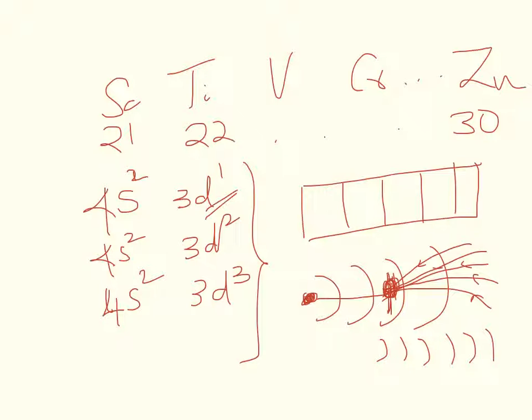So the attraction is higher. The nucleus will attract these electrons towards itself, so the distance gets shortened.